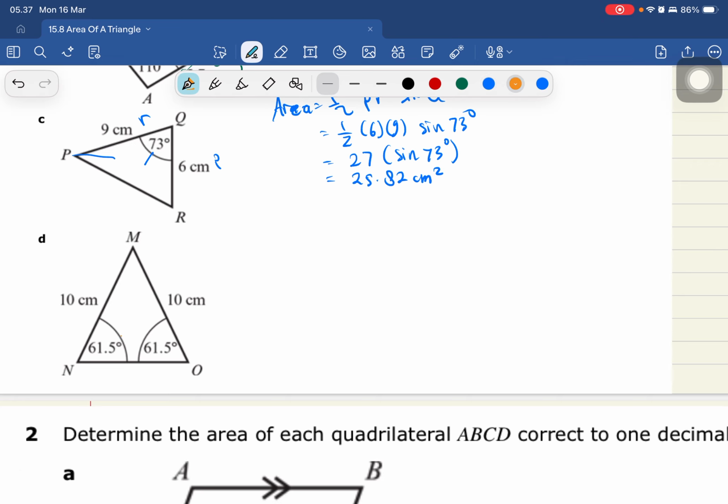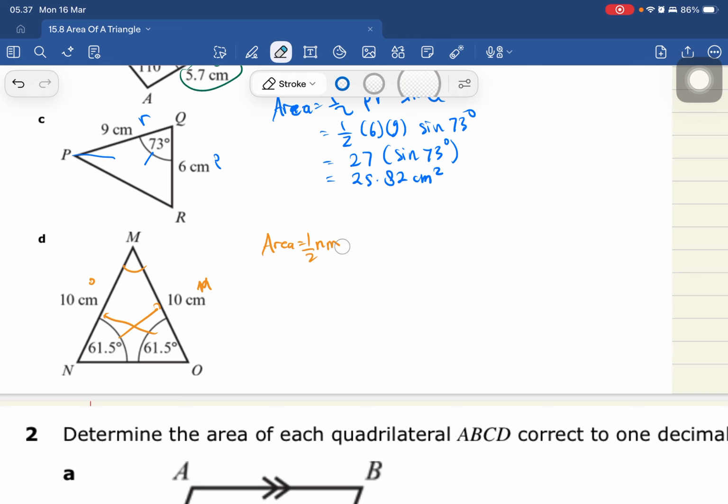So this is n, small o, and we need this angle. The area is going to be half of n o multiplied with sine m.